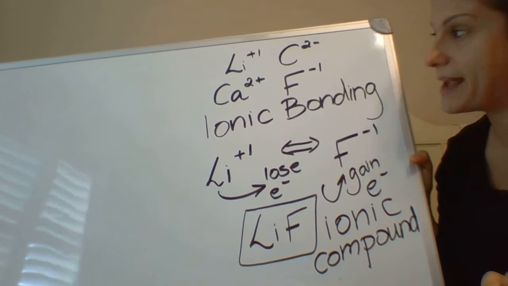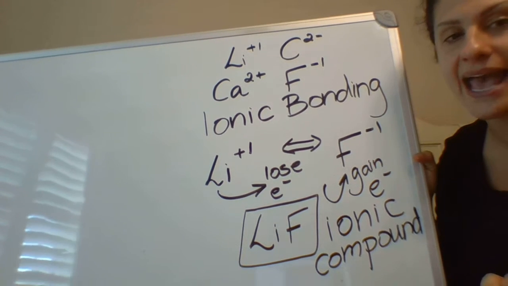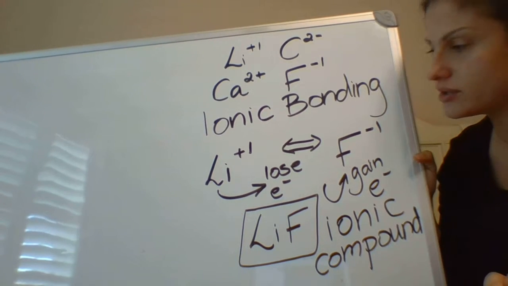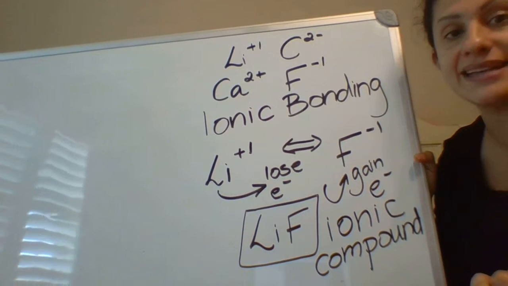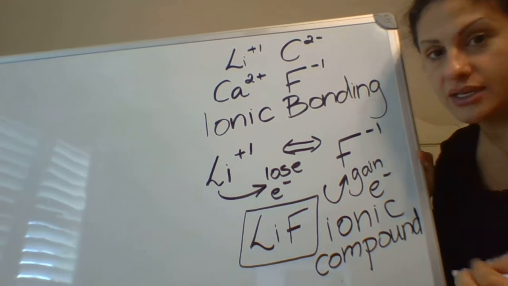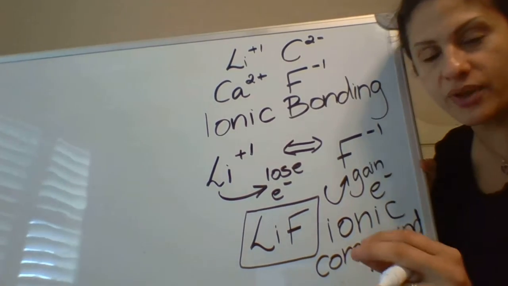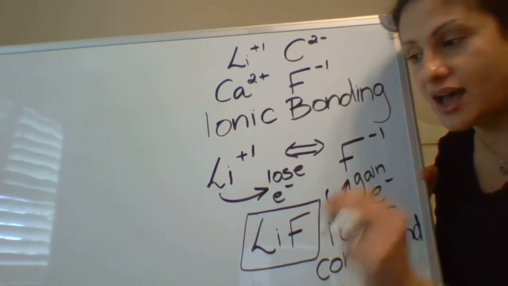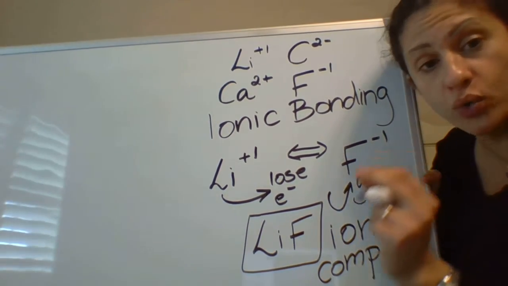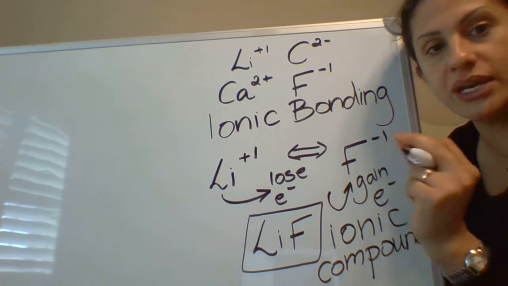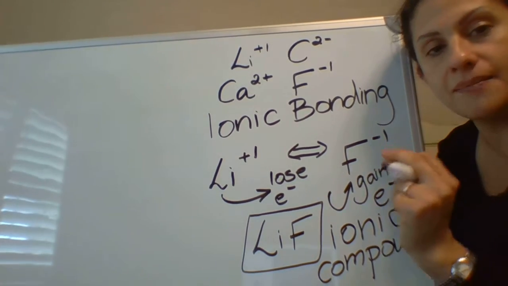It is between a metal and a non-metal. Lithium is a metal. Fluorine is a non-metal. A lot of people mess up with this, so I cannot stress it enough that an ionic compound is only formed between a metal and a non-metal.